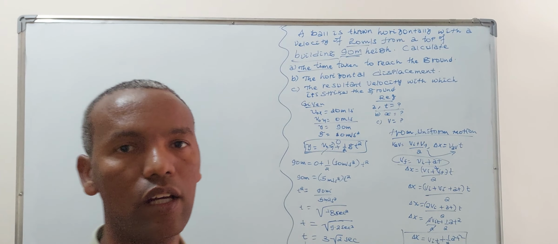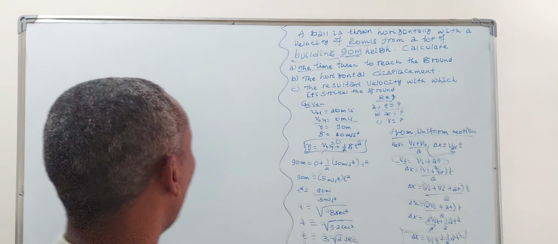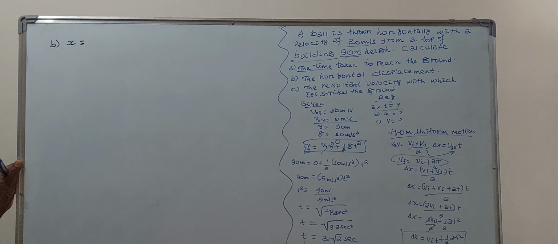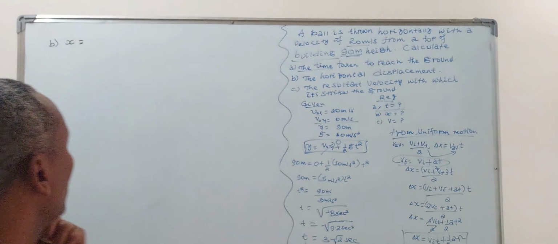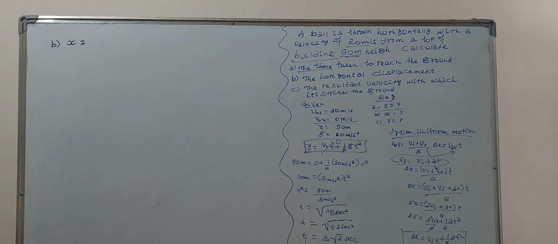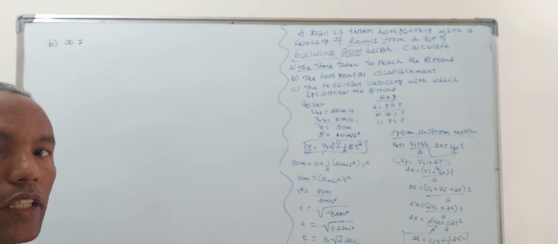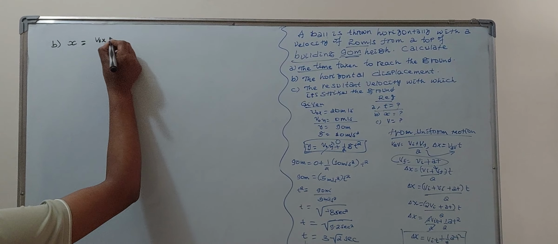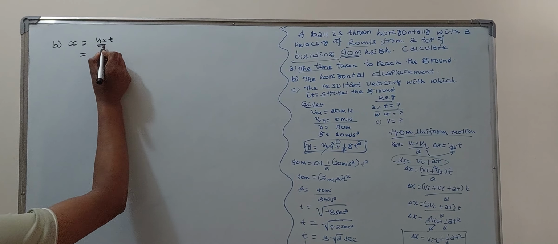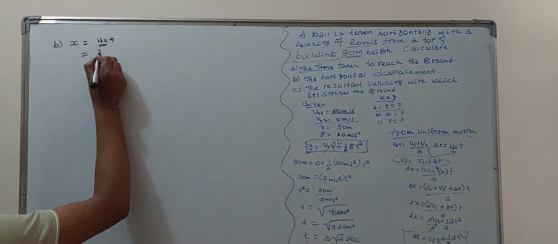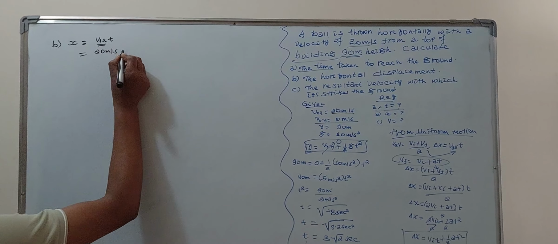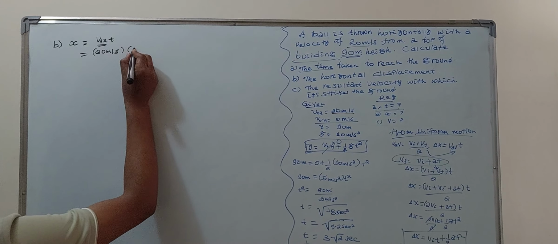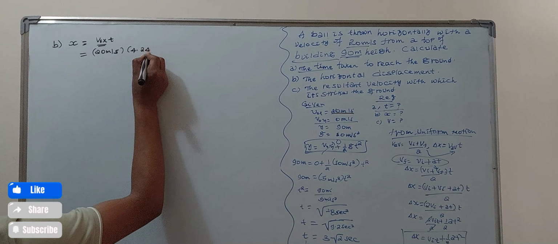Then you can also calculate b, which is x, the horizontal displacement. To calculate horizontal displacement, you need to use the constant horizontal velocity multiplied by time. So x is equal to 20 meters per second times the time over here, 4.24 seconds.